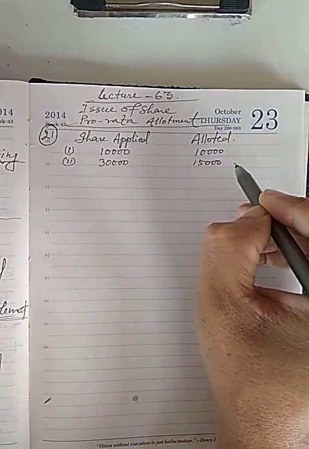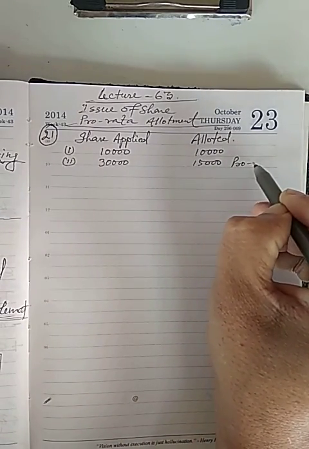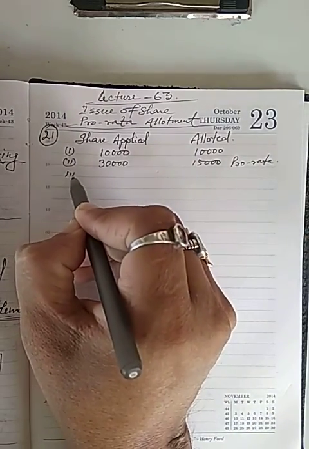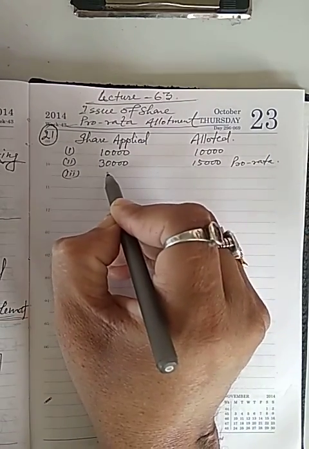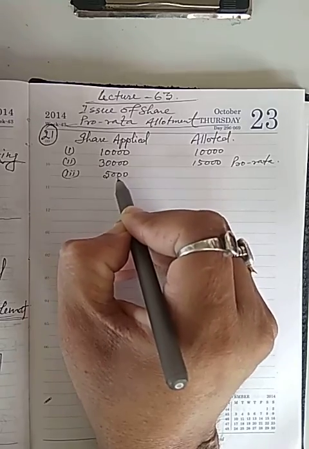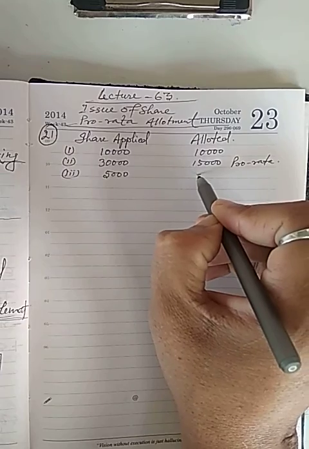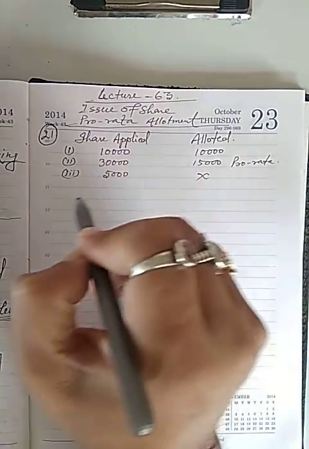This will be adjusted on pro-rata. And the third applicant applied for 5,000 shares, his shares were rejected and allotment is nil.